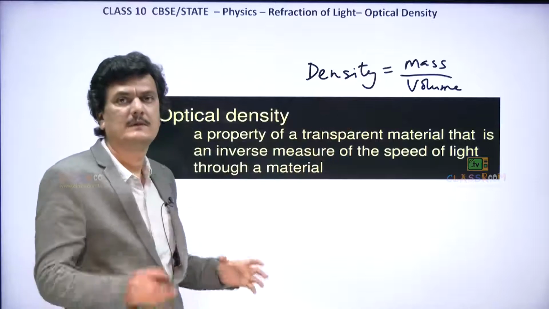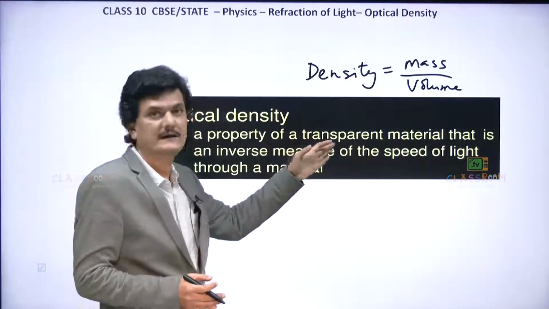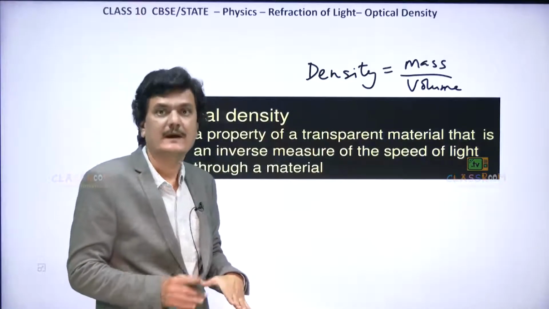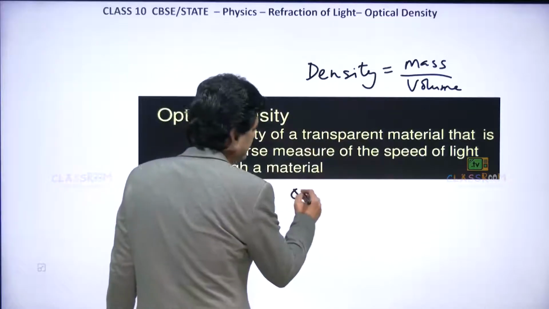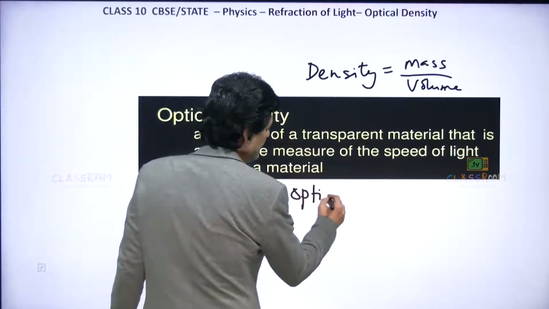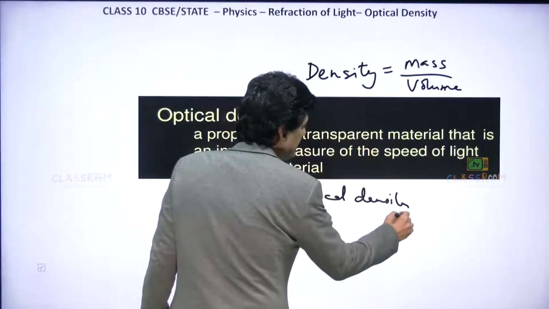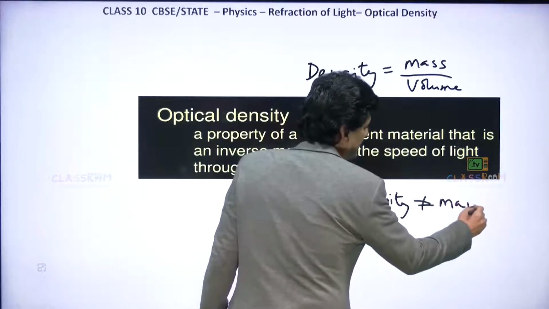Remember, there are many substances which have higher optical density but lower normal density, and vice versa also. So, we are talking about optical density here, and it is not the same as mass density. It is different from mass density.